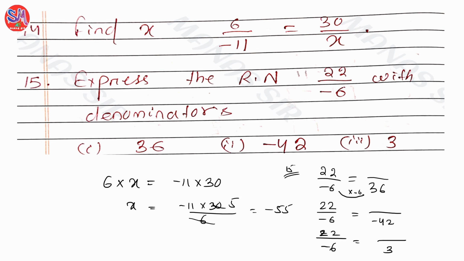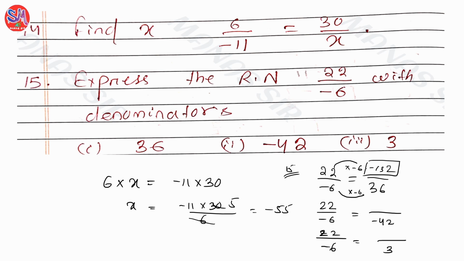Yes or no? Because minus minus plus, 6 6s are 36. Now tell me, we know that if you multiply the denominator, that is minus 6, you must multiply the numerator with minus 6 as well. Okay. Now multiply: 6 2s are 12, carry 1, 6 2s are 12, plus 1 is 13, then minus.